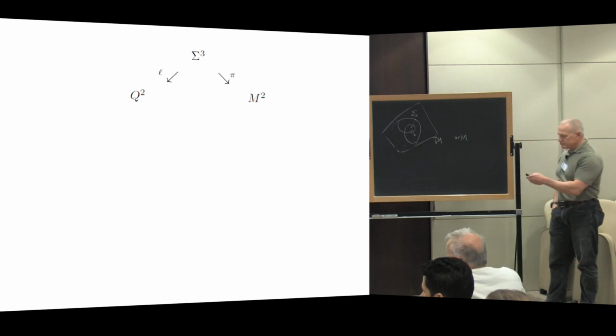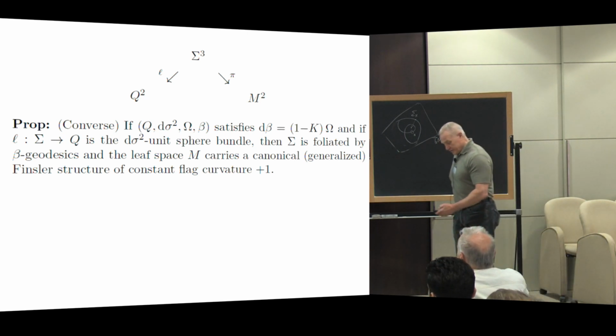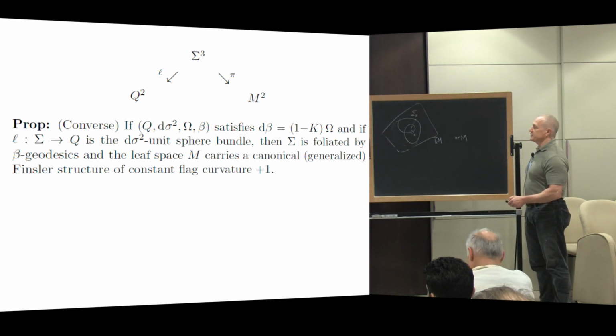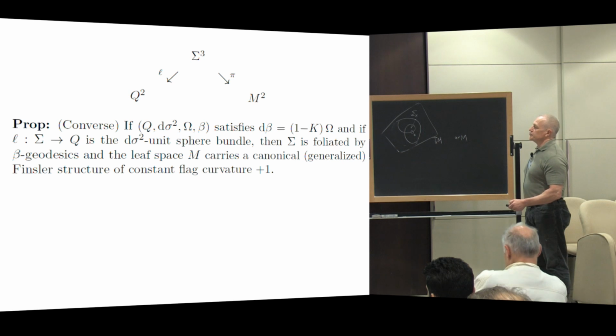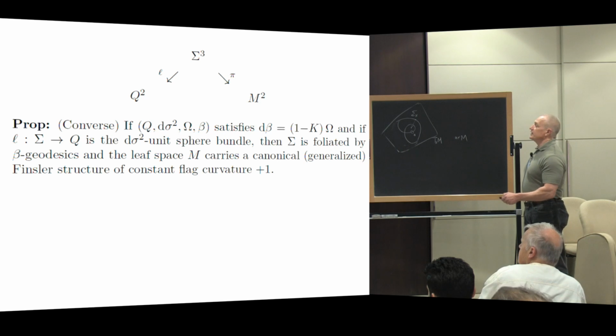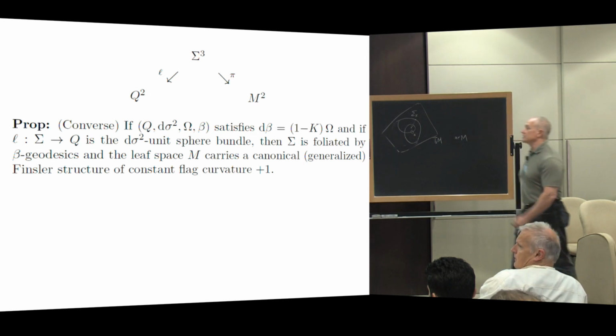Okay. Just draw the picture again, and now there's a nice converse, which is this: if you start with a surface, a metric, and its area form, and a one form that satisfies d beta is 1 minus k omega, and you take the unit sphere bundle of the metric, then sigma is foliated by the lifts of beta geodesics, and the leaf space of those beta geodesics, call it M, carries a canonical generalized Finsler structure of constant flag curvature plus 1.